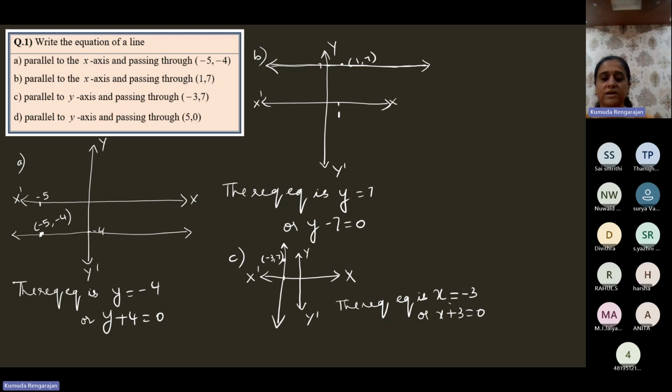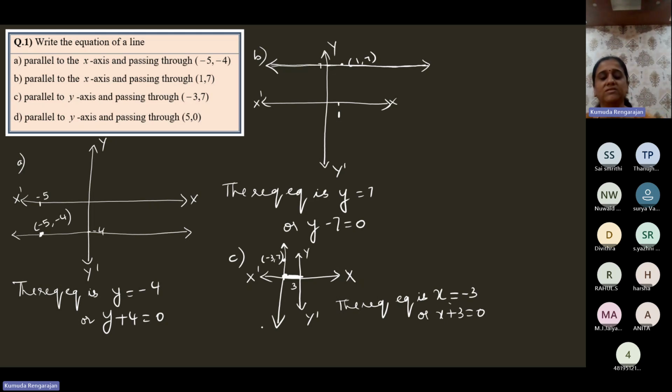It's parallel to the y-axis, so the equation will be of the form x is equal to a constant. Now it's to the left of the y-axis, so it will be negative. And this distance is 3 units, because this is minus 3. So x is equal to minus 3. Or you can also understand it like this: on this line, the x coordinate will always be minus 3.